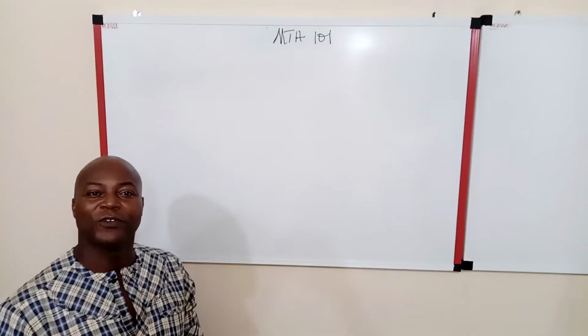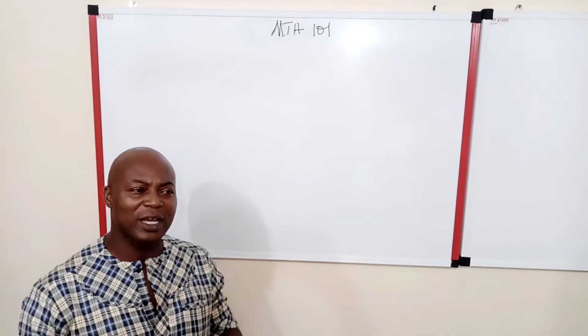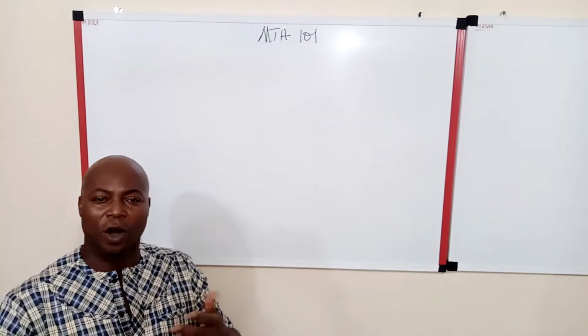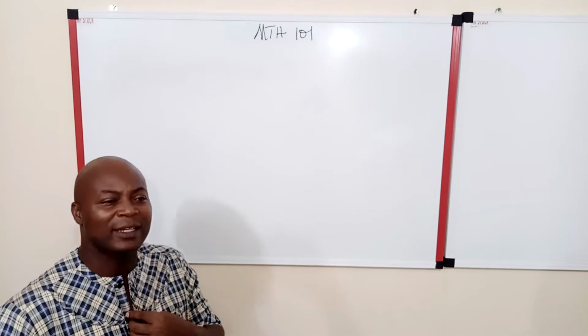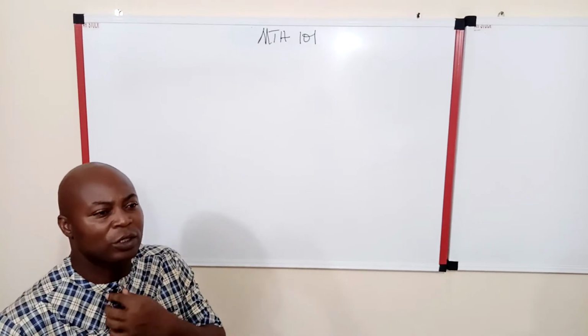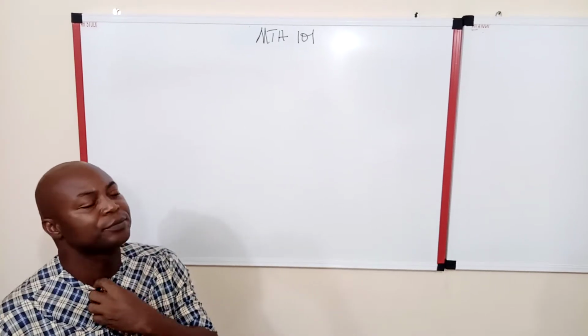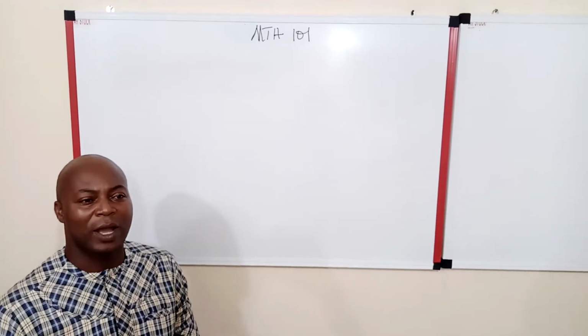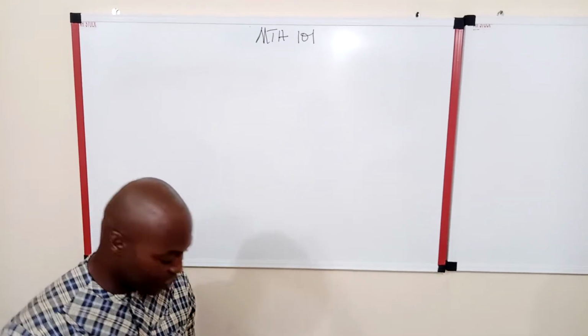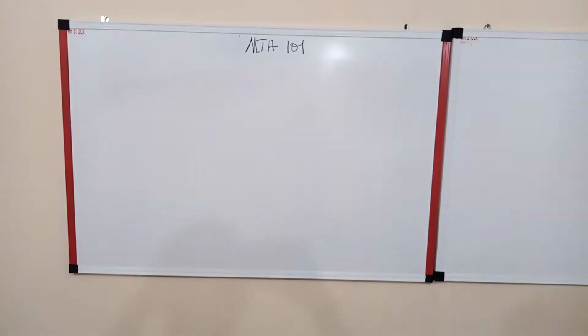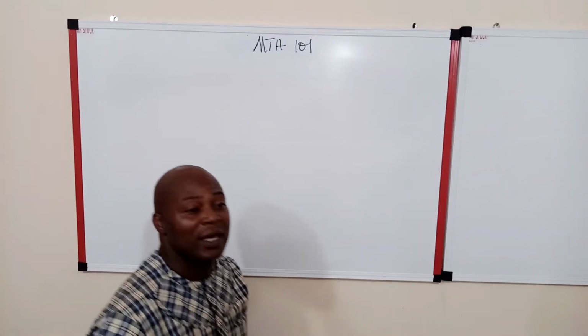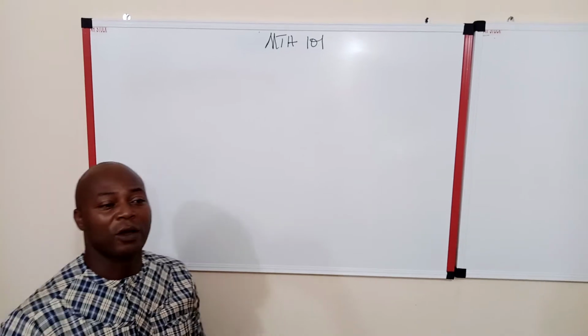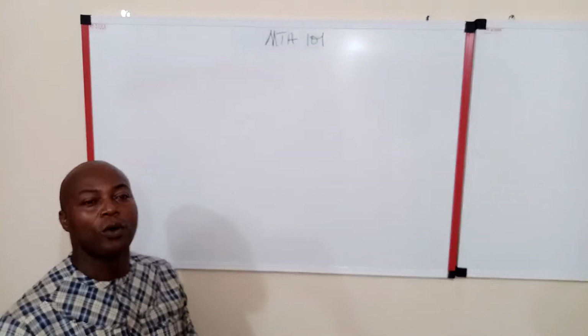As we have said previously, a set is a collection of well-defined elements. We gave some examples where we said we can consider a collection of counting numbers or whole numbers.